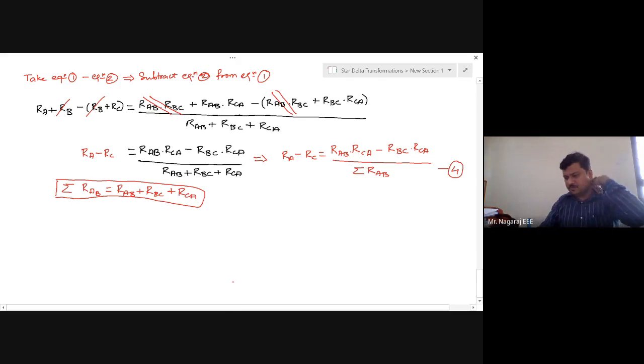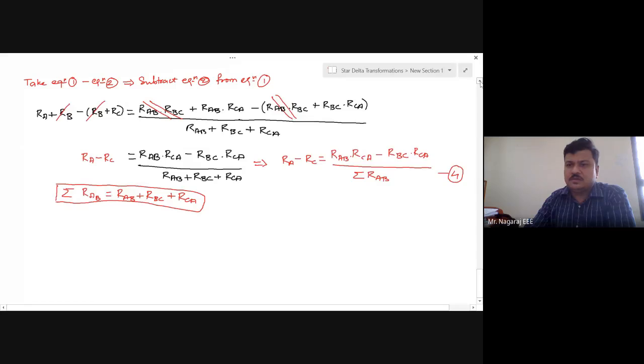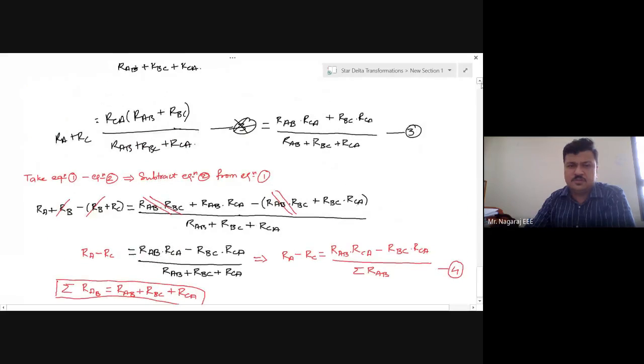Taking this as equation 4. Okay, so now I have an equation. If you observe equation 4 and equation 3, both LHS have RA and RC. Equation 3 is RA plus RC. Equation 4 is RA minus RC.